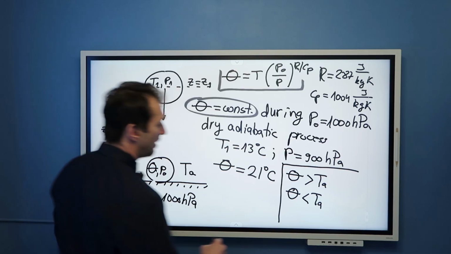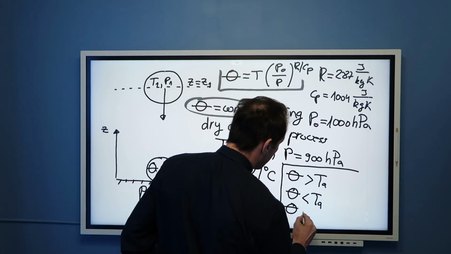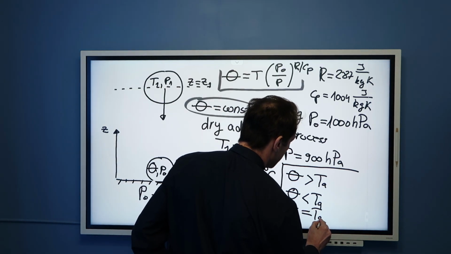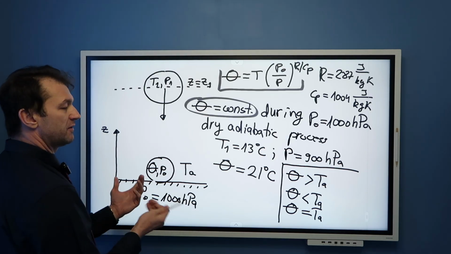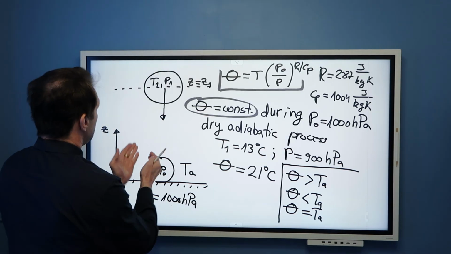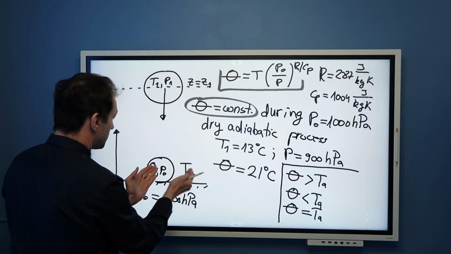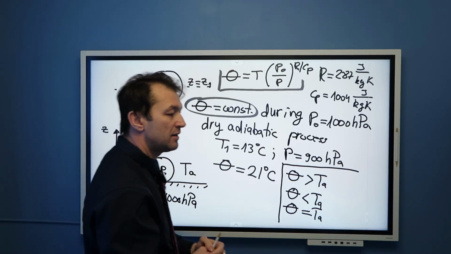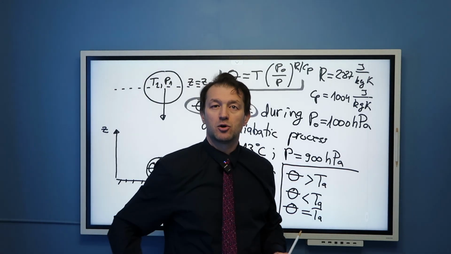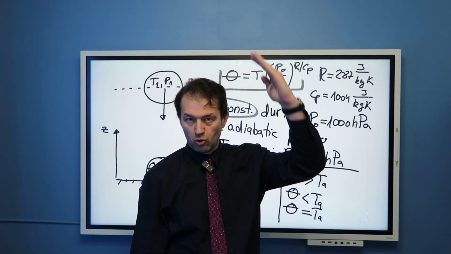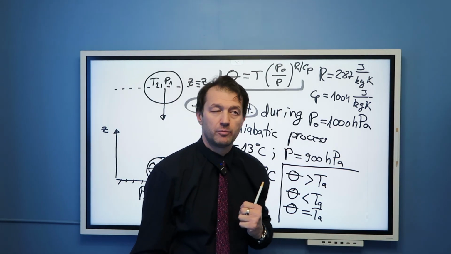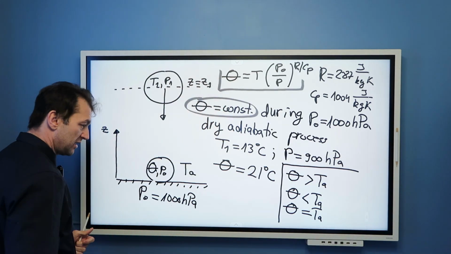And, of course, the last option, if theta ended up being exactly TA, then nothing will happen. It will meet the temperature of the ambient atmosphere and it is at the same thermal conditions, so it will not tend to go back to where it came from, and it will not tend to sink.